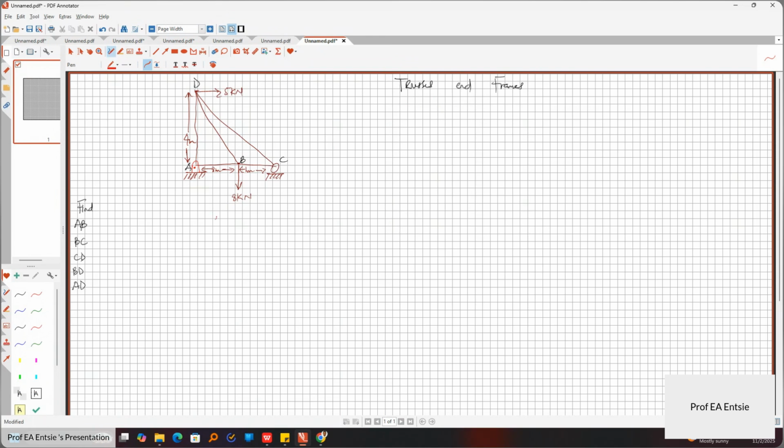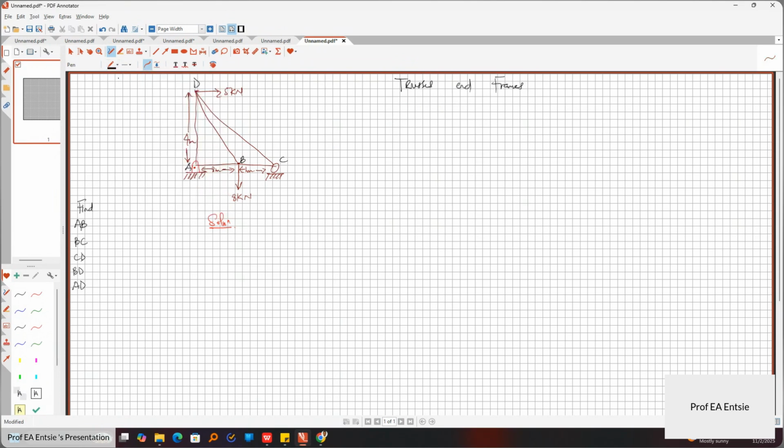All right, so now let's solve this. If you want to solve this, you need to know the reaction forces, as I said. So I will draw my free body diagram, as we know. This one is very small, so let me even use black.